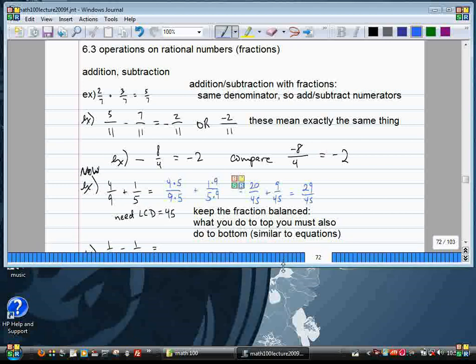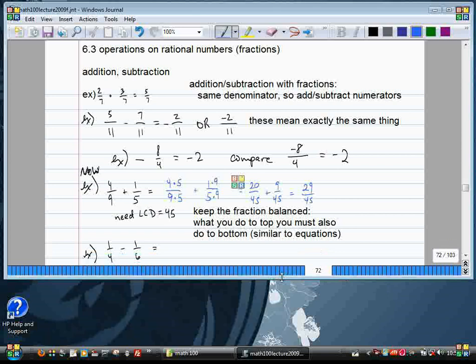So, similarly, 1/4 minus 1/6. What do you need to do? LCD. Now, what is the LCD going to be? Okay. Well, a common denominator will be 24. But 24 is not the lowest common denominator.